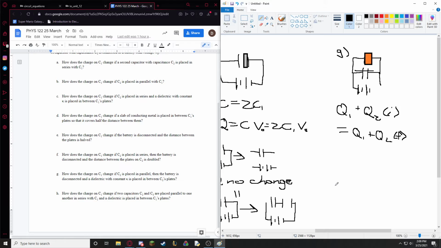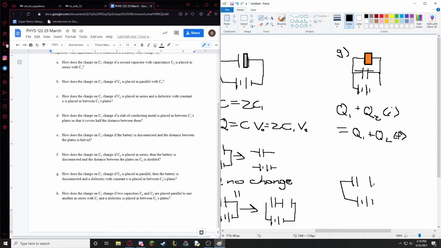So we have our capacitor C1, and we have two more capacitors, C2 and C3. One's going to be placed parallel, and one's going to be placed in series with C1. So essentially it's going to be like this.